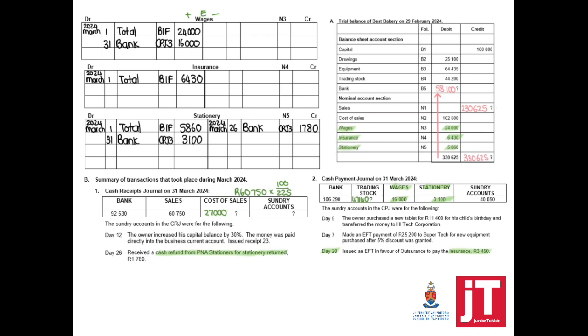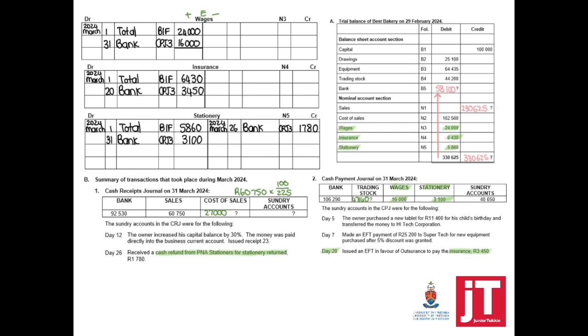Then day 20, issued an EFT in favor of OUTsurance to pay the insurance 3,450. This means that our expense will increase on day 20 on the debit side from the CPJ, my details is bank, and the amount 3,450. Once we've posted all the transactions from the cash receipts and the cash payment journal, we can close these accounts.